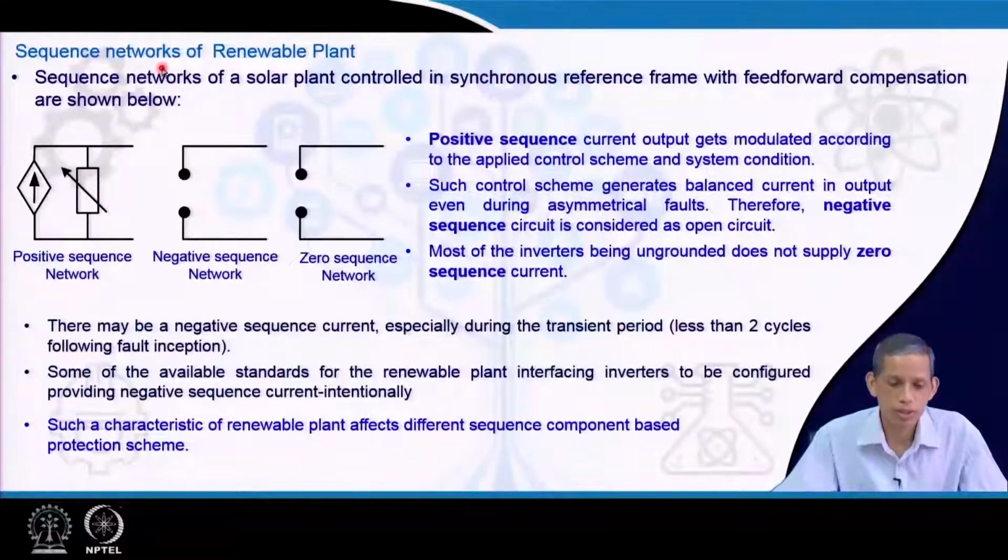Now, on the sequence networks of a renewable plant. The positive sequence network is this one, that is what supplies the balanced current. Note that we have already learned that such sources, even during an unbalanced fault, provide balanced current, which implies no negative sequence current and no zero sequence current.